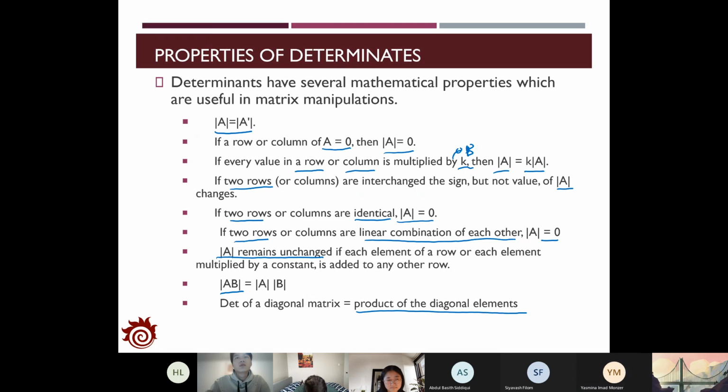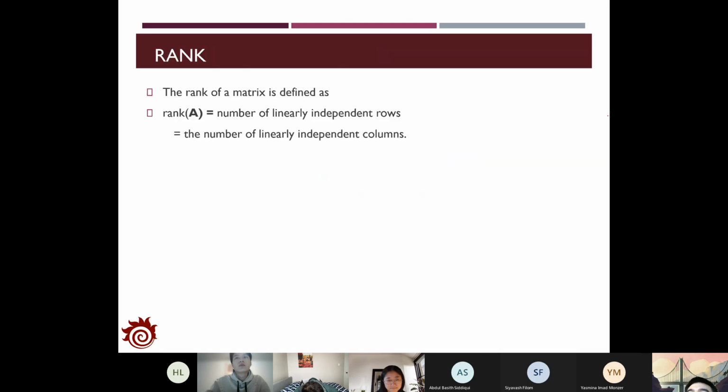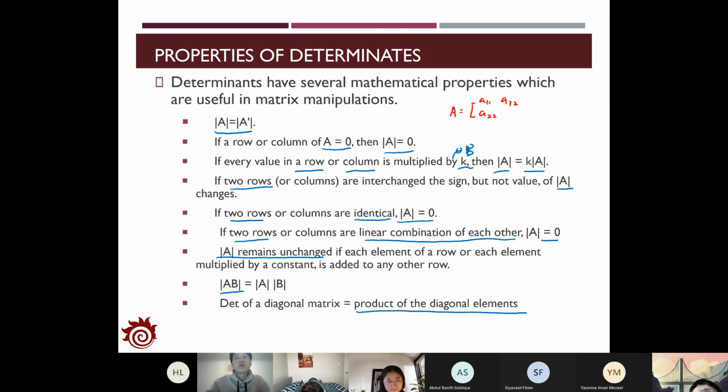Say that A equals A11, A12, A21, A22. I'm just using a two-dimensional 2x2 matrix. And here B means that KA11, KA12, A21 and A22.